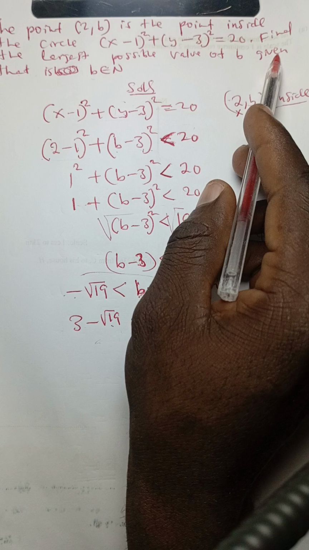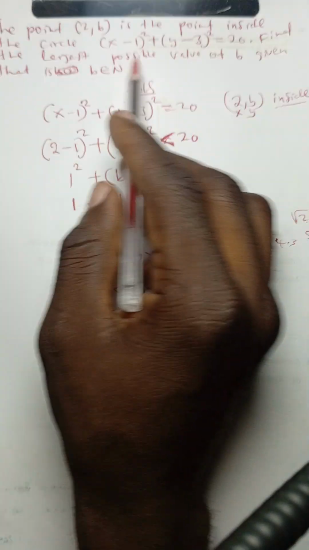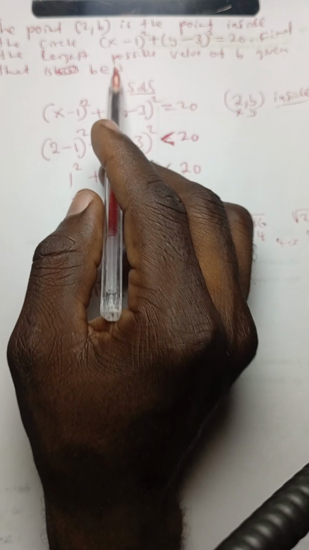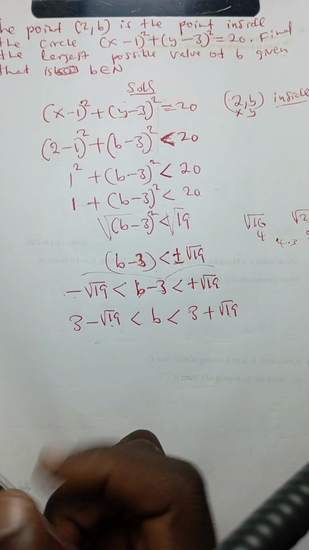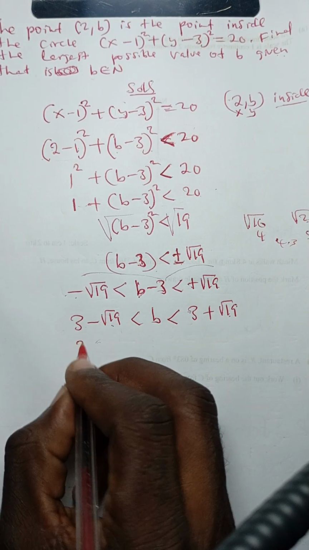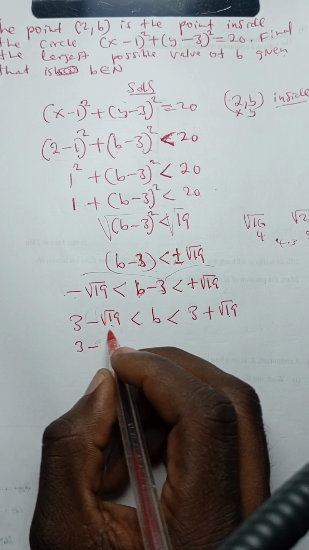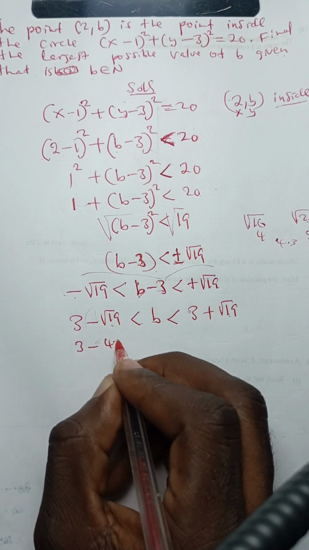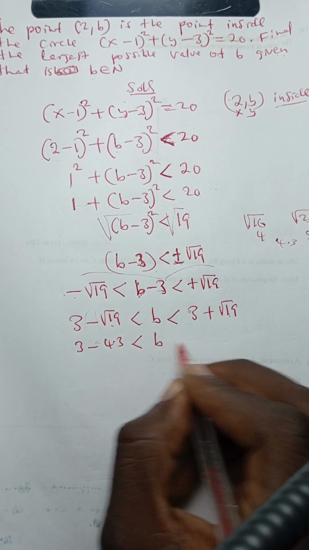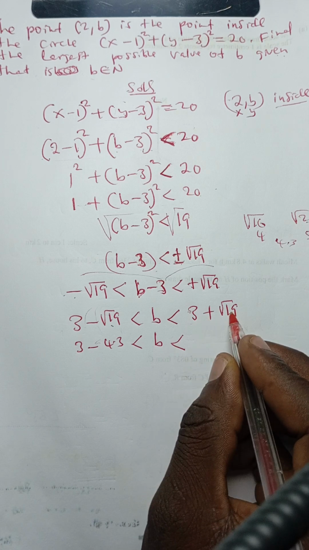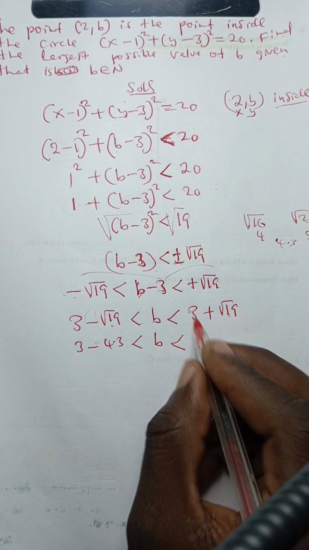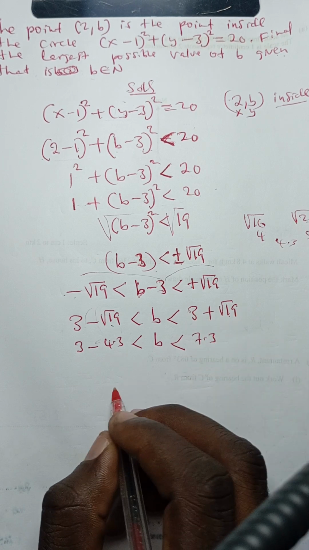We need to find the largest possible value of b, given that b is a member of natural numbers, which means counting numbers. So 3 − 4.3 is less than b, less than 3 + 4.3, which is 7.3.